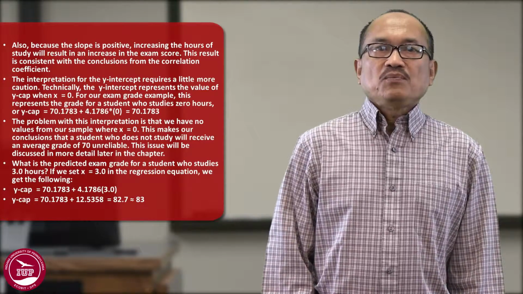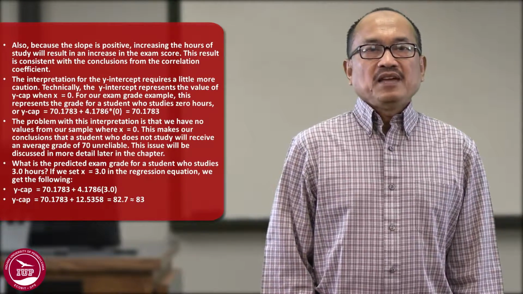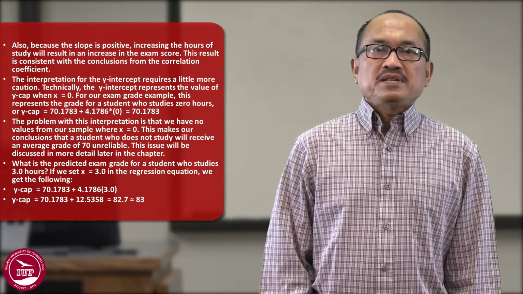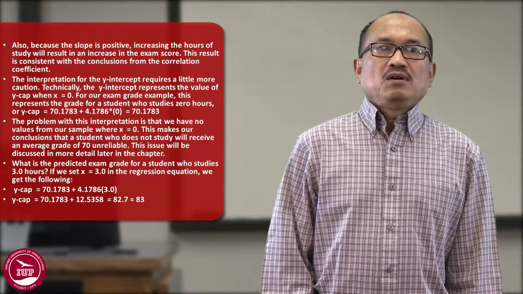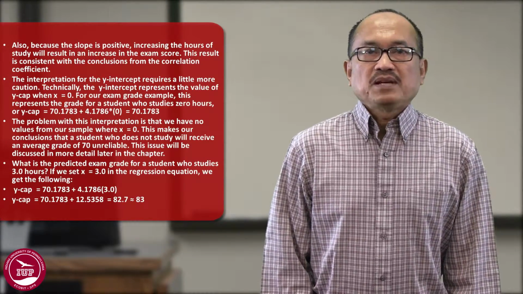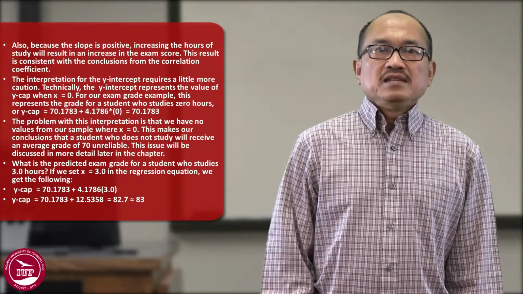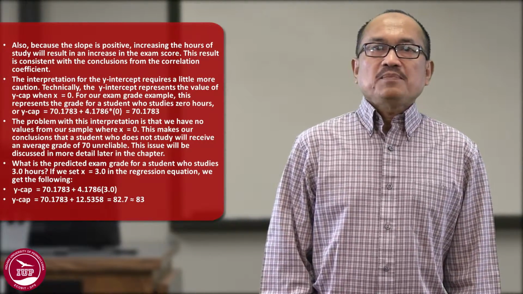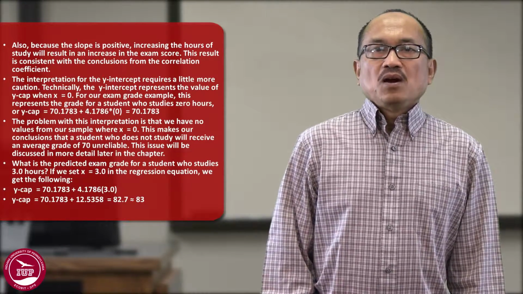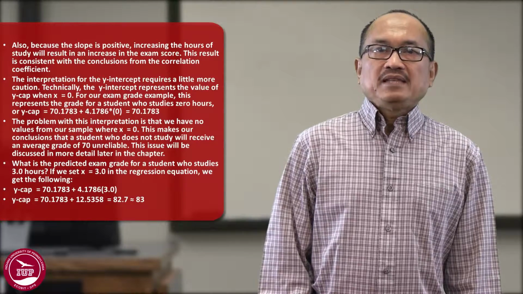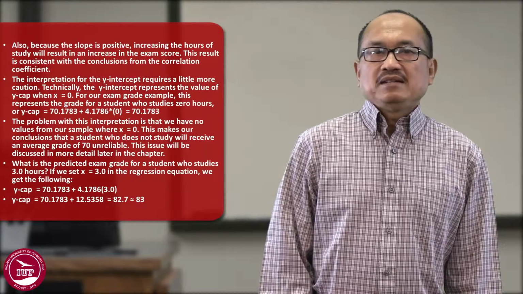The interpretation for the y-intercept requires a little more caution. Technically, the y-intercept represents the value of y-hat when x equals 0. For our exam grade example, this represents the grade for a student who studied 0 hours, or y-hat equals 70.1783 plus 4.1786 times 0, equal to 70.1783.